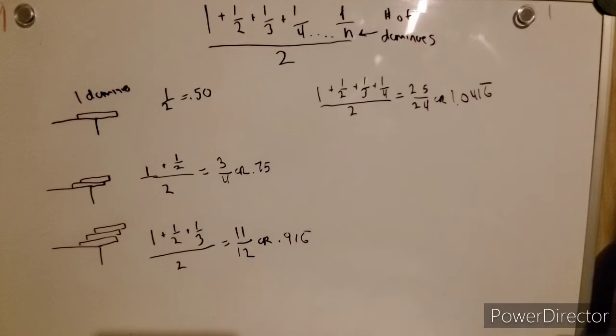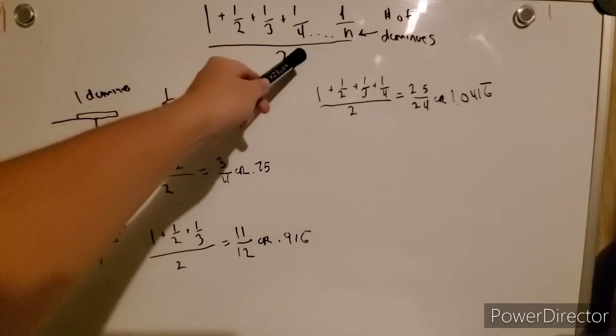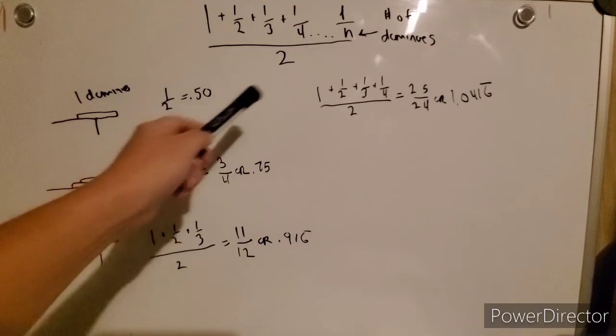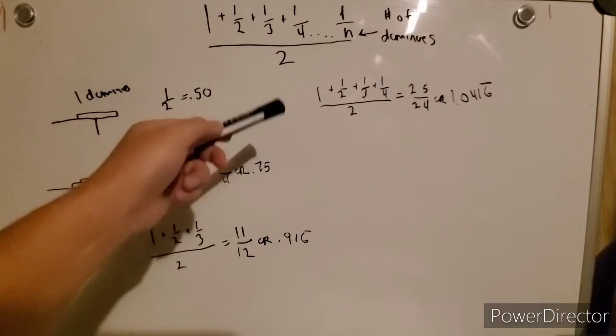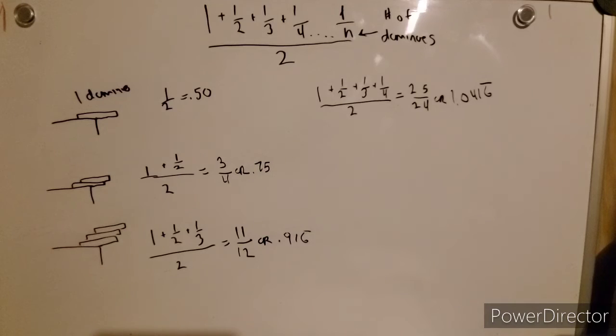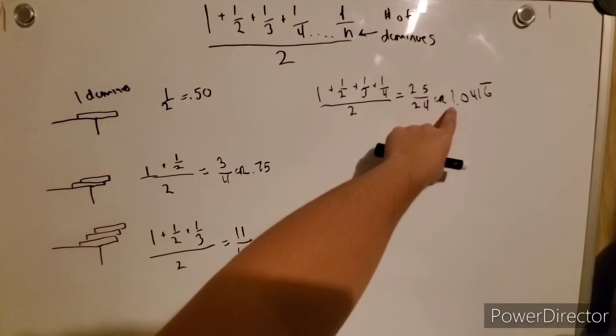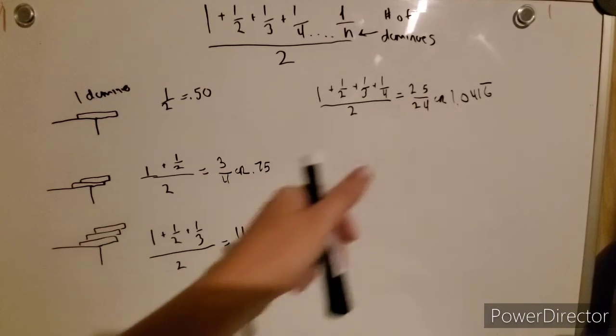So I'm sure you guys got the gist of it now. We follow the formula, which is here on top, and for the number of dominoes we put it as n on the fraction. Since our value now is above 1.00 or higher, this is a complete overhang.